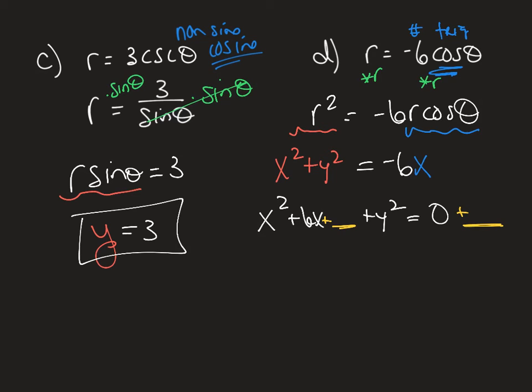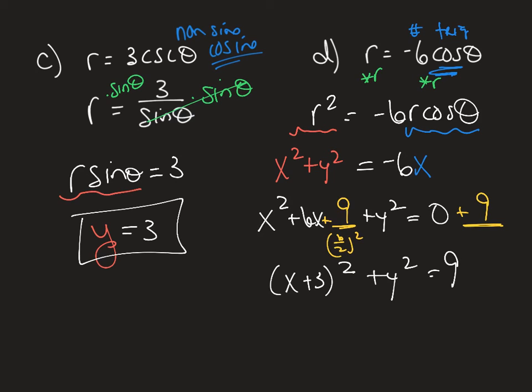You're only going to complete the square on x because it's got x squared and 6x. You don't have a singular y, so you're not going to complete the square on y. So remember, it's 6 divided by 2, square it. So that's 9 here, 9 there. And when I write this, it's x plus 3 quantity squared plus y squared equals 9.